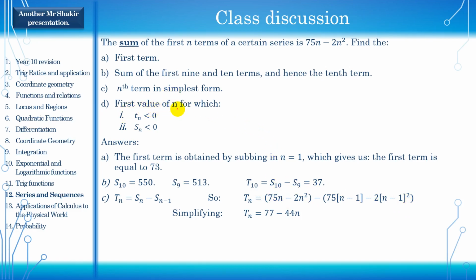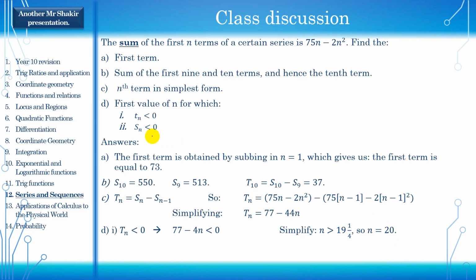The first value of n for which the nth term is less than 0. Well, we've got T of n. It's very similar to what we did last lesson. We just let this be less than 0, and we solve for n. T of n is less than 0, 77 minus 4n is less than 0. Simplify that algebraically, you get n is more than 19 and a quarter, so n is equal to 20. The 20th term will be less than 0.